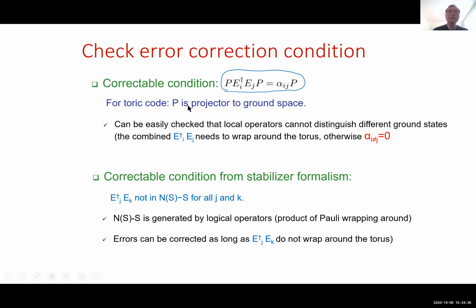So this can be easily seen because P is the projector onto the ground space, and you can easily check that any expectation value of ground state and local operator, so for different ground states, let me use a different ground state 1, let's say ground state 2, they will be the same.